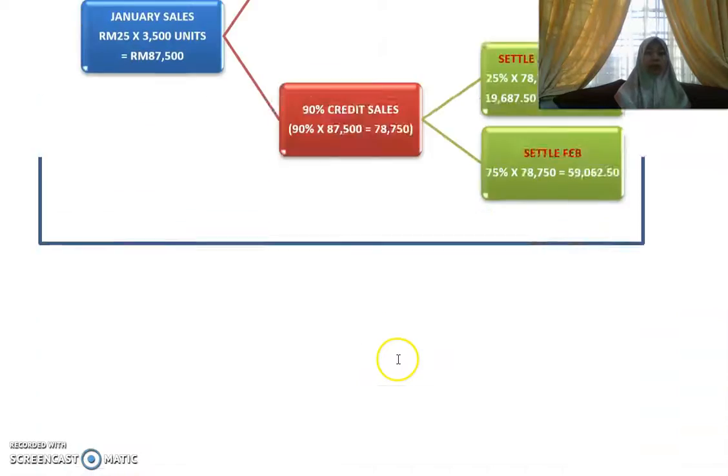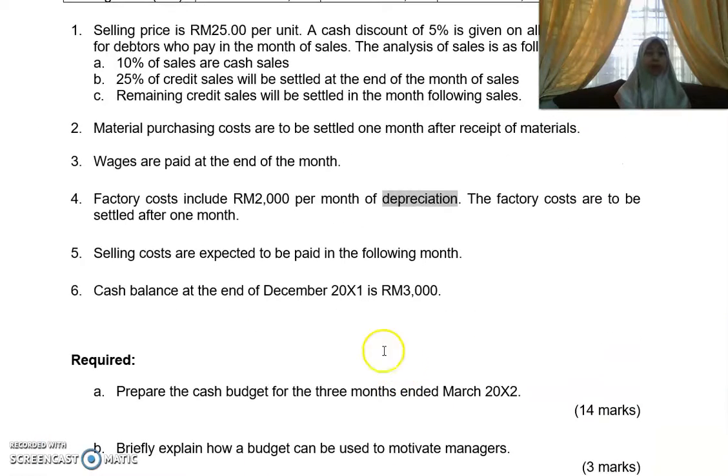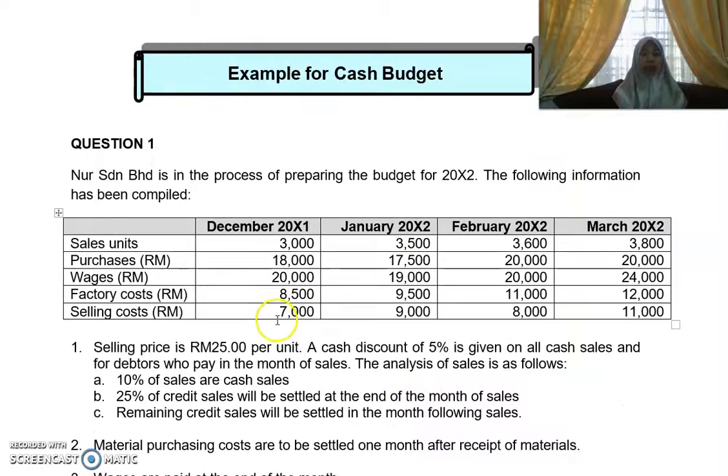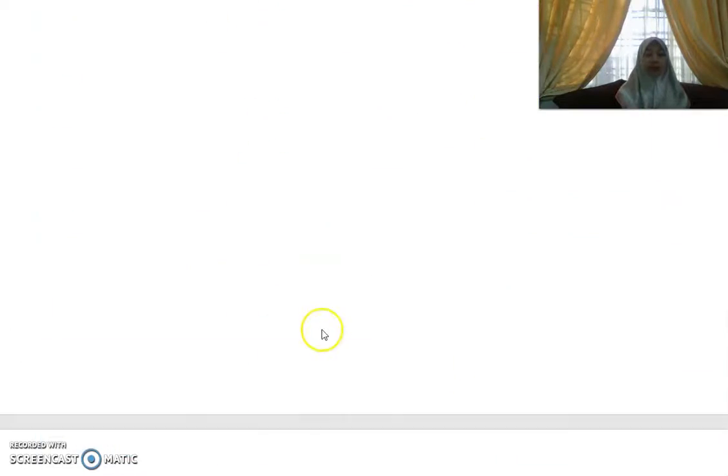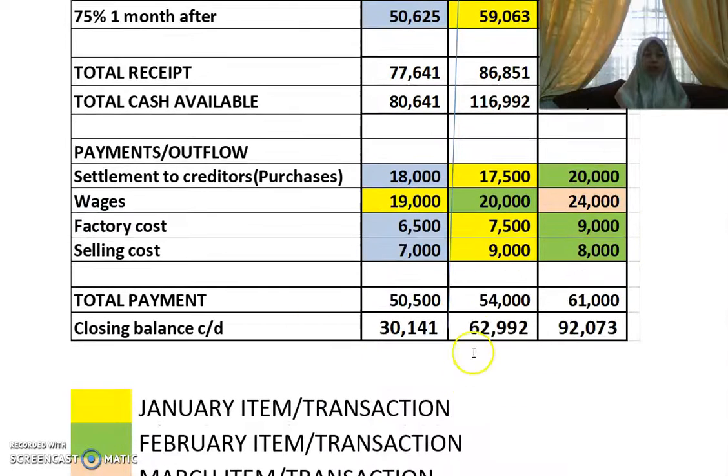What about the selling cost? Again, the selling costs are expected to be paid in the following month. So for December, it will be settled in January as well. So you just take the selling cost 7,000. This one will be settled in January. So once you have finished that, you total all your expenses or all your payments, your outflow.